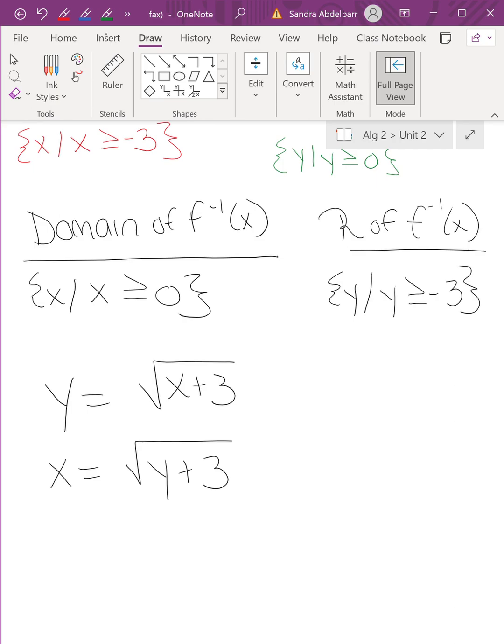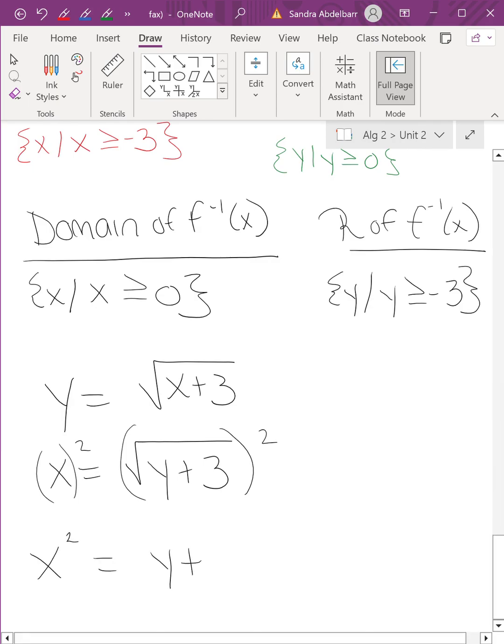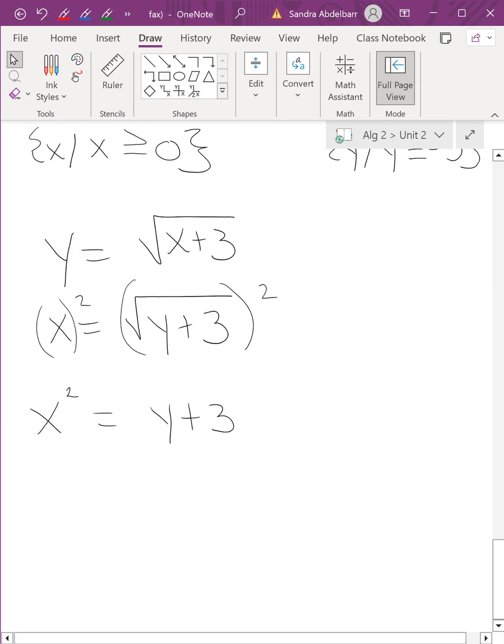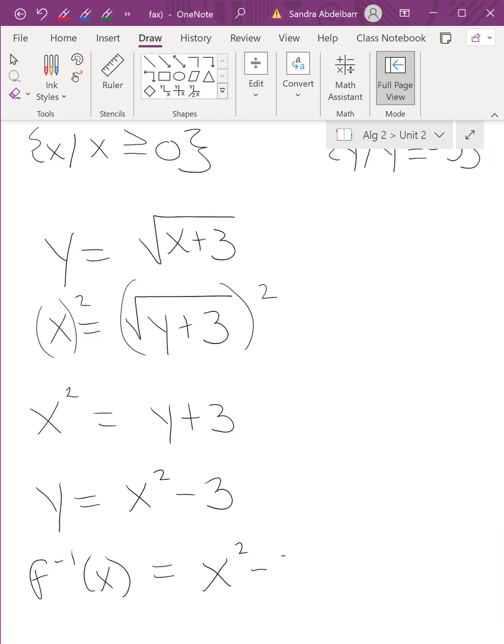I'm going to start off by getting rid of the radical, so we're squaring both sides. So we're going to have x squared is equal to y plus 3. What should I do now? Subtract 3. So y is equal to x squared minus 3. So the inverse function is going to be x squared minus 3.